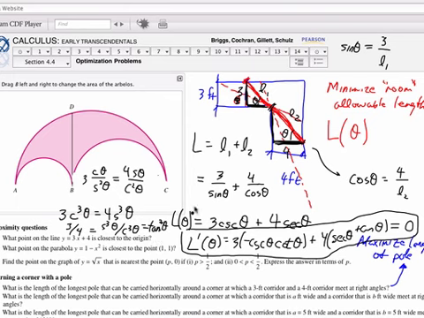Now we're home free. So I got tangent cubed equals 3/4. So we want the cube root of 3/4 and then the inverse tangent of that. So what did I say? Tangent cubed equals 3/4.